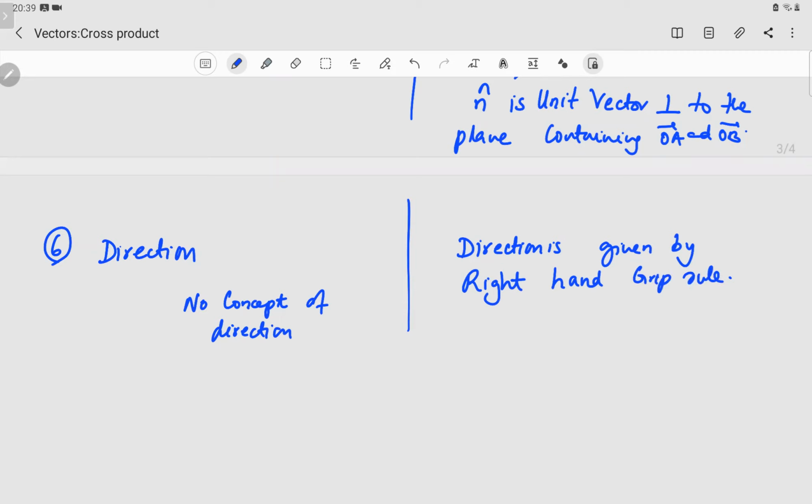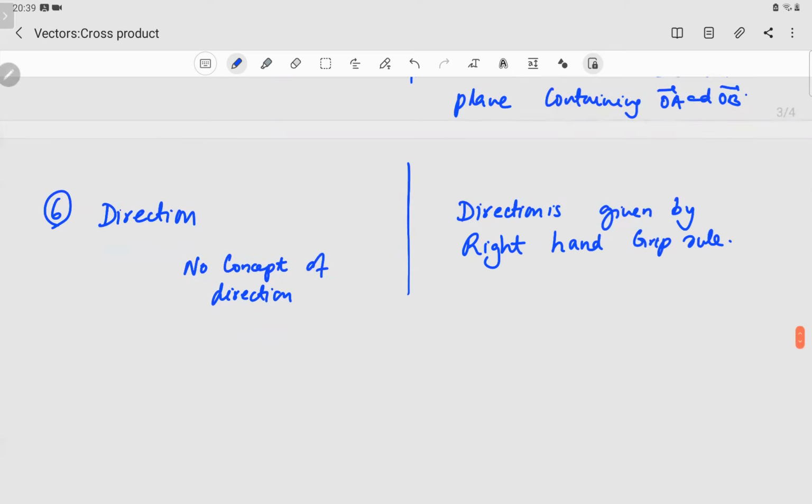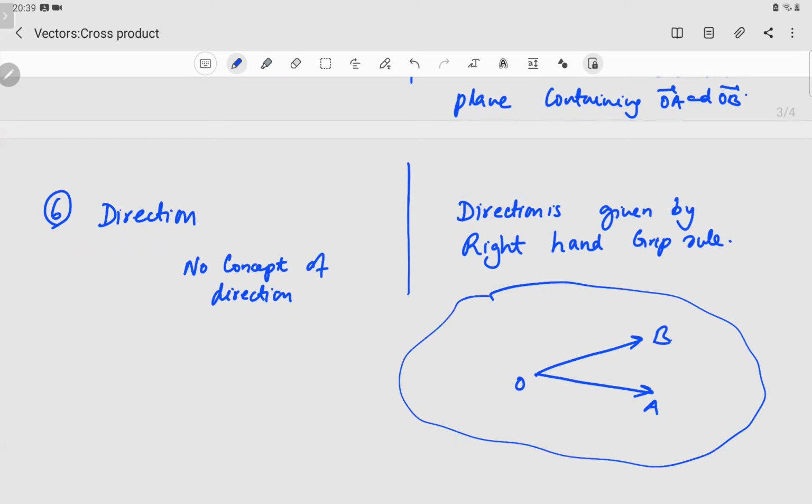Right hand grip rule. How will I explain this right hand grip rule? This is OA, this is OB, and this is the plane which contains OA and OB. Okay.